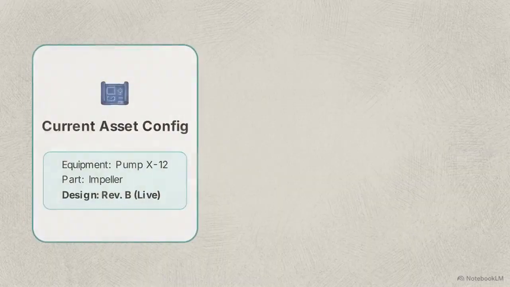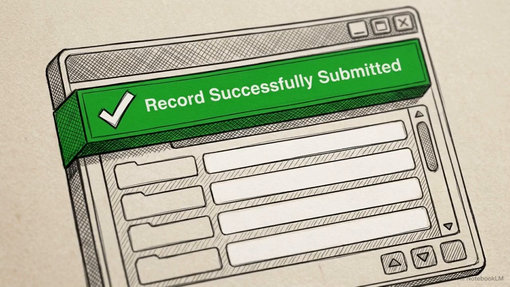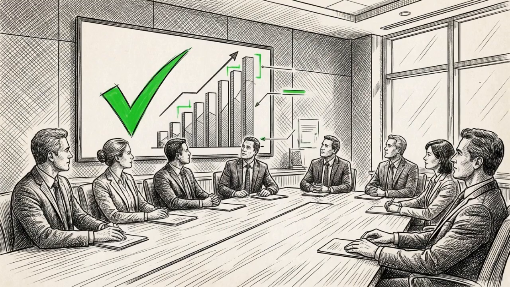We review the asset configuration and confirm that the failure codes we assigned match the current design and are not referencing obsolete standards. With the details verified and aligned with the physical equipment, we finally submit the completed record into the system. Regularly validating data against management of change procedures prevents misleading historical analysis and preserves leadership's confidence in their key performance indicators.